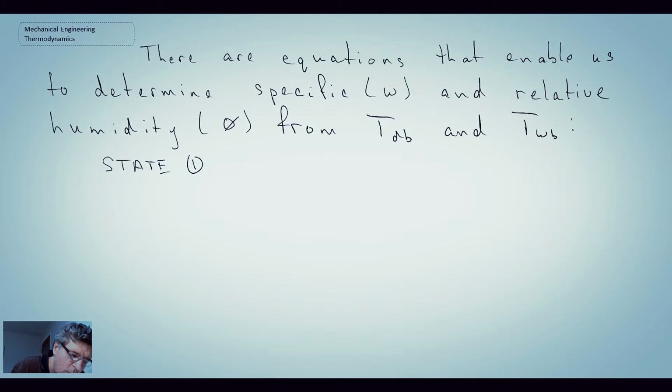In setting this up, we will say we have state 1, and that would be our dry bulb. For this state, we're trying to find the relative humidity, so we do not know the relative humidity there. We do know the temperature at state 1 is equal to what we will call the dry bulb temperature.